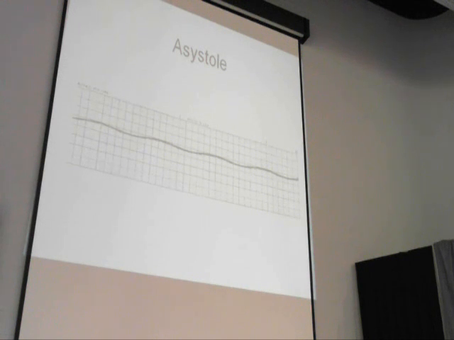Atropine has a maximum dose: a milligram at a time, 5 minutes apart, for a total of 3 doses, or 3 milligrams.